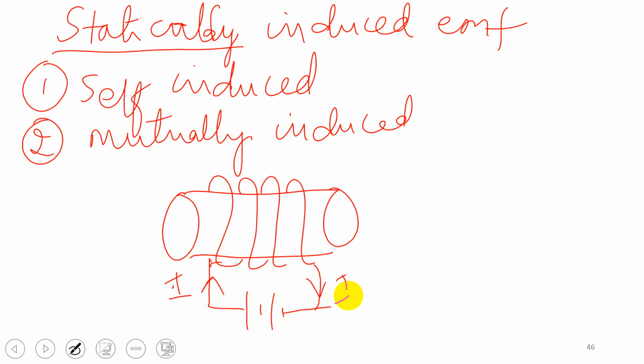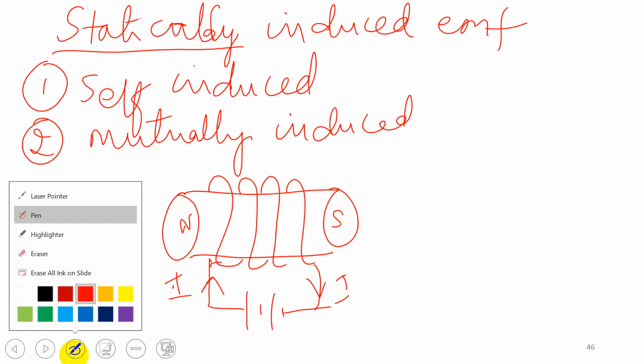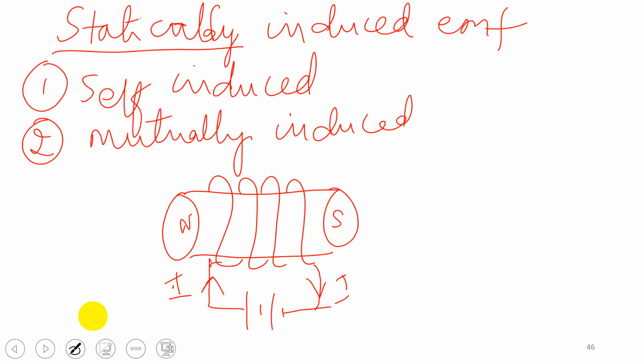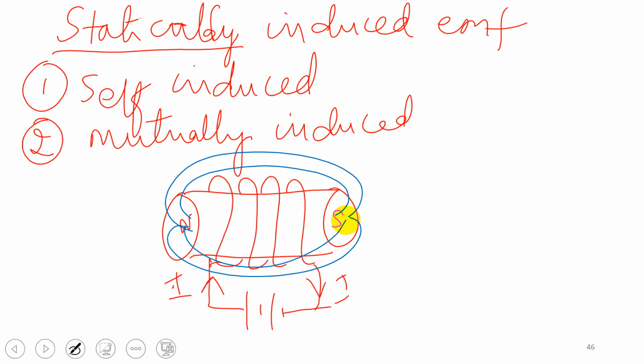Suppose this is the North Pole and this the South Pole. Let me mark the field lines in blue. The magnetic field lines formed will be in this way, and the direction of the field will be from north to south pole.